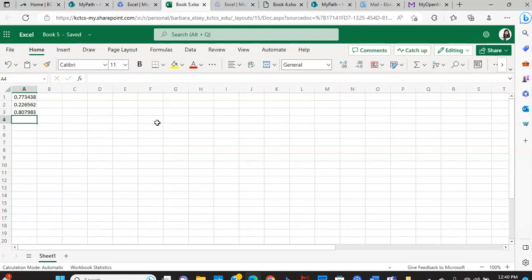Now remember that this is giving us the probability that none of them have defects. Let's go ahead and get the complement of that by subtracting that number from 1. And that is 0.192017, which is the answer to our question. And I hope that helps.